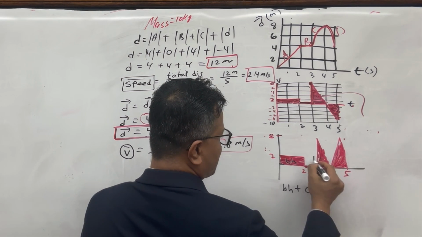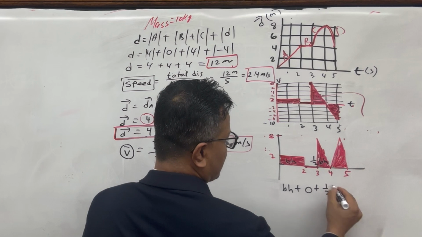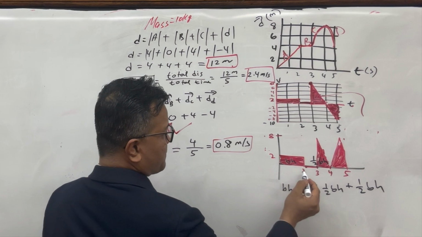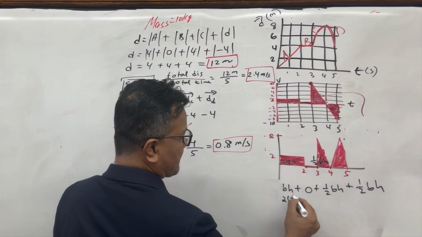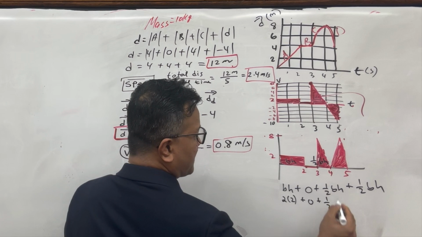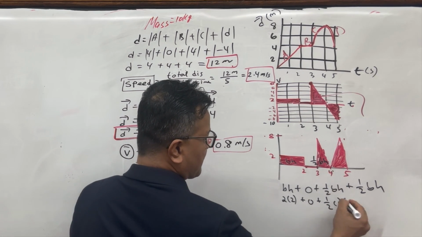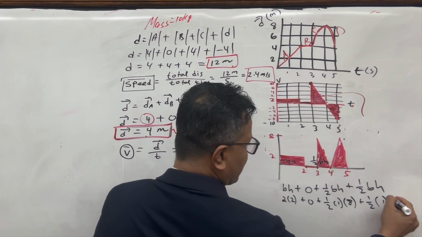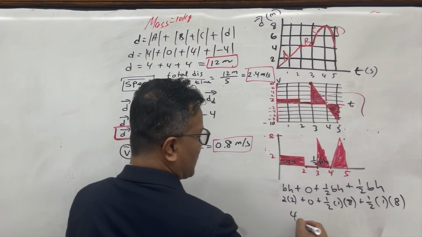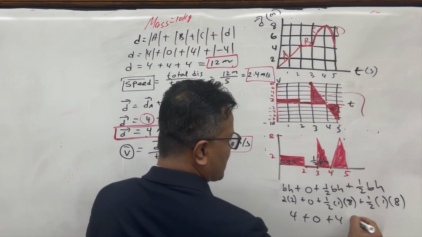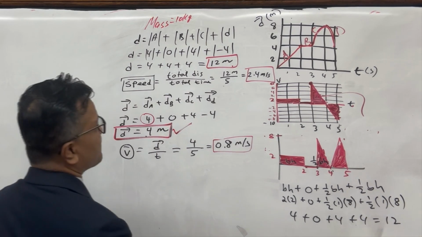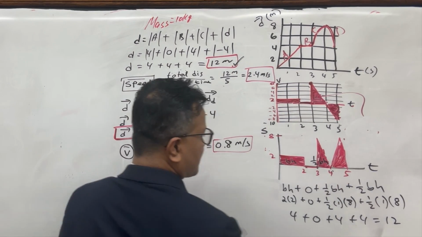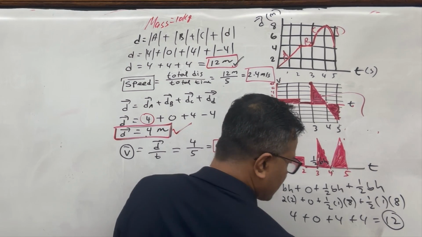No, this is half BH plus half BH. So BH is 2 times 2. B is time, 4 minus 3. H is 8. 5 minus 4. So 4 plus 0 plus 4 plus 4. So it's 12. Therefore, we prove that the area of the ST graph is actually 12.